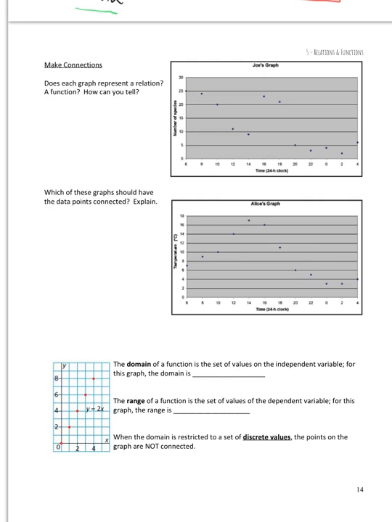All right, does each graph represent a relation or a function? How can you tell? Well, every graph represents a relation because two things are related here. We've related the time with the number of species and the time with temperature. So these are both relations.